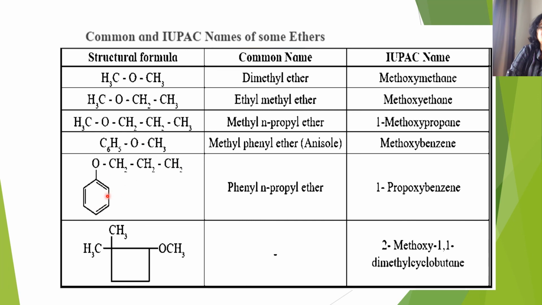So phenyl propyl ether, and the IUPAC name will be what? 1-propoxybenzene. Clear? And this one, OCH3 is attached and 2 methyl groups are attached. So 2-methoxy-1,1-dimethylcyclobutane. Clear? Understood? Okay, thank you.